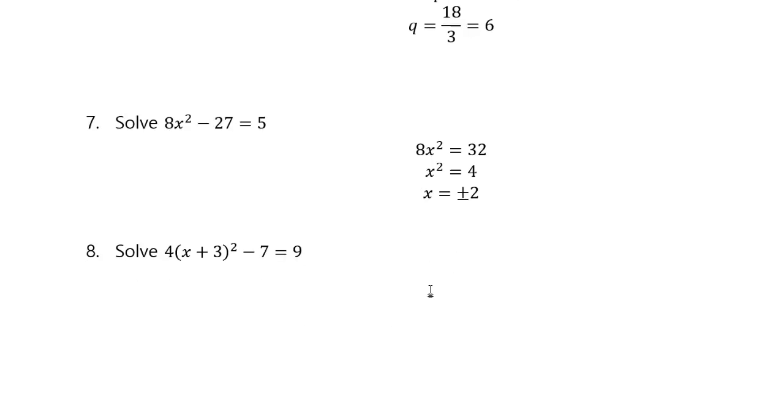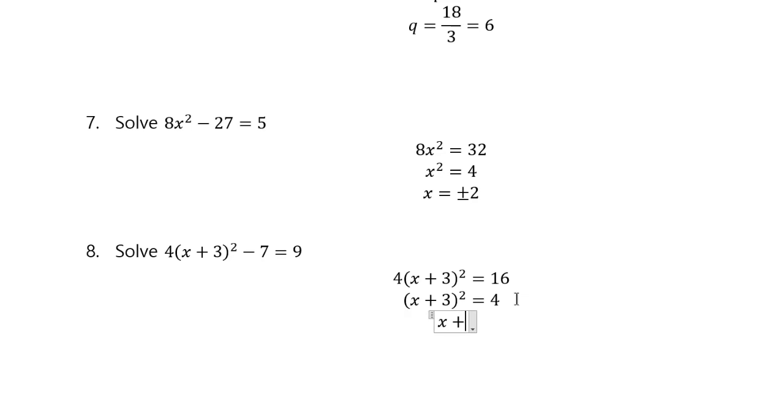Using the same kind of approach, you can also solve something more complicated like this one. So for this one, if I add 7 to both sides, it's going to be 16, right? And then if I divide by 4 on both sides, 16 divided by 4 would be 4. And then just like before, if you take the square root, it will be plus or minus 2.